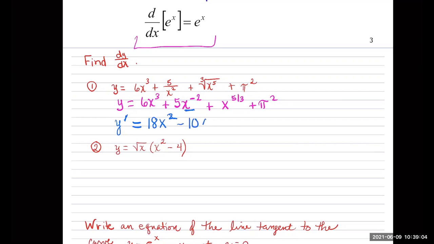So minus 10x, but the exponent on my x should not be 1. It should be negative 3. You have to subtract 1. I know that it's easy to make an arithmetic mistake there, so just be careful. The next one, same thing. Drop the 5/3 down and then subtract 1. 5/3 minus 3/3 is 2/3.